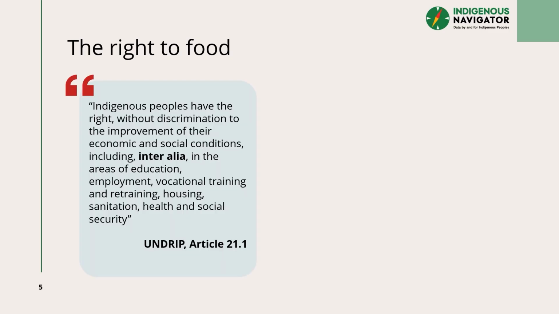The right to food. The first category under this domain is the right to food. UNDRIP Article 21.1 clarifies that Indigenous peoples have the right without discrimination to the improvement of their economic and social conditions, including, inter alia, in the areas of education, employment, vocational training and retraining, housing, sanitation, health, and social security.